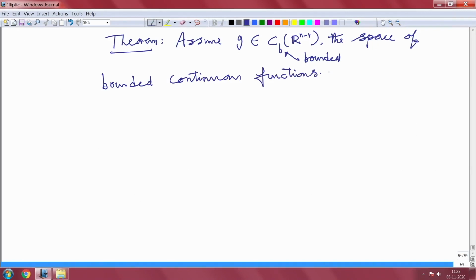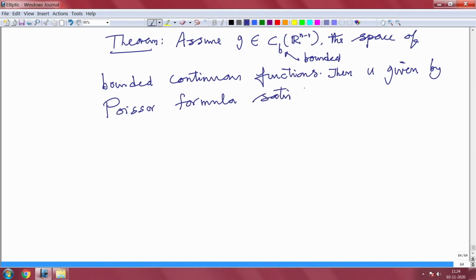Then u defined by the Poisson formula satisfies: one, u is also a bounded continuous function, which we have already seen essentially.